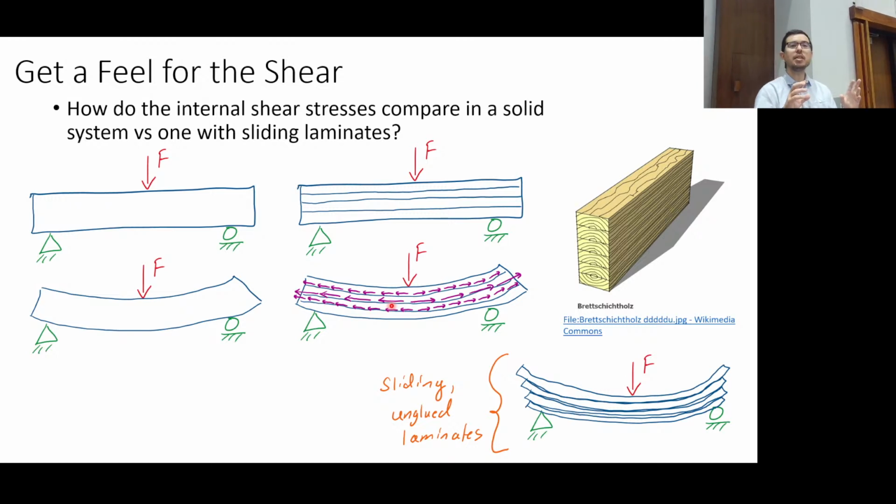Remember, bending stresses, sigma equals negative My over I, where y is the distance from the neutral axis, and y is equal to the thickness divided by 2, typically, either at the top or the bottom. That's where the bending stresses are going to be the highest. These shear stresses are the exact opposite. Well, maybe not the exact opposite, but they are maximum at the neutral axis, and minimum at the outer surfaces. We'll go through why that is the case.